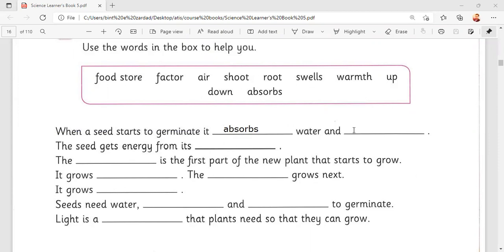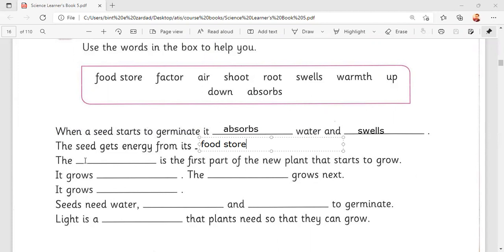It absorbs water and swells. So we write here swell. The seed gets energy from its food store. The dash is the first part of the new plant that starts to grow.